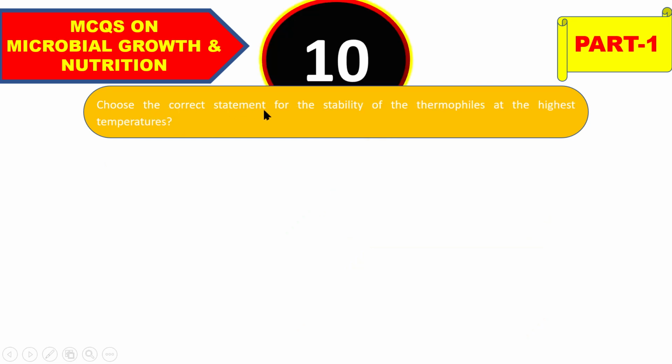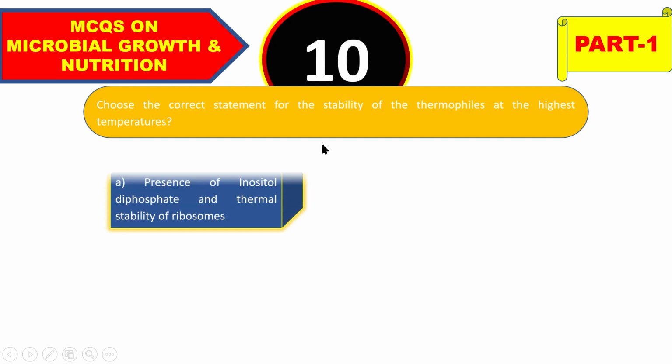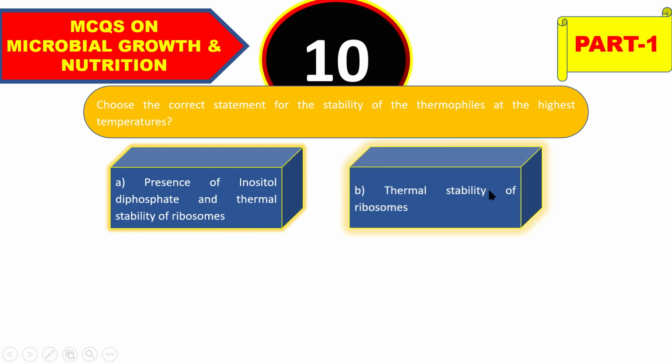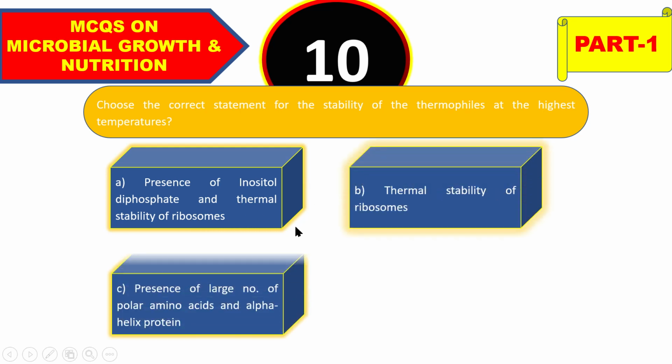Choose the correct statement for the stability of the thermophiles at the highest temperature. And the options are presence of inositol diphosphate and thermal stability of ribosomes. Third option, presence of large number of polar amino acids and alpha helix protein.